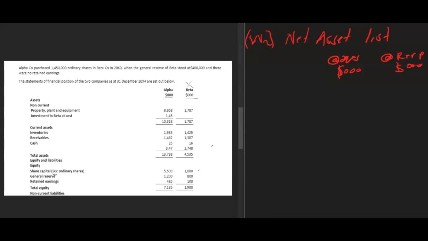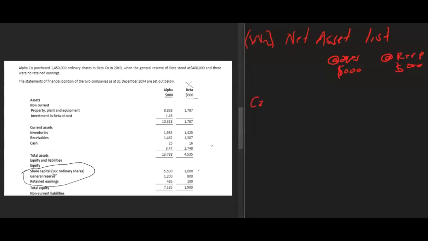We are putting these zeros. When we are talking about net assets, let's go to the equity side. The equity section will give us our net assets. So basically we are going to get everything here. Everything under equity comprises the net assets of the company. Let's dive into it.